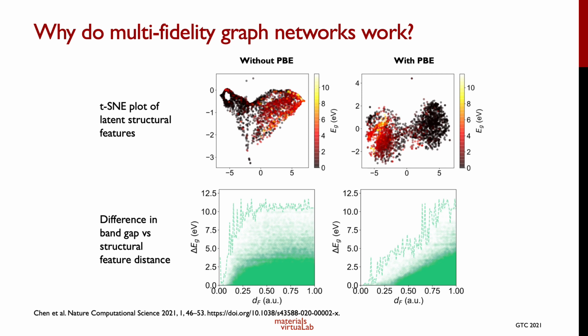Now, why do multi-fidelity graph networks work? We can take the latent structural features with and without adding the inaccurate PBE data, and we plot the TSNE plot of the latent structural features.